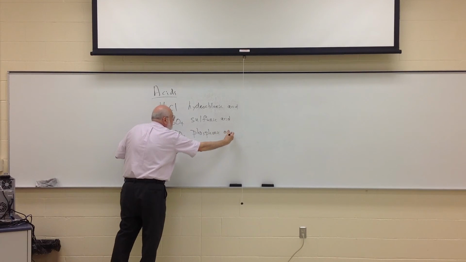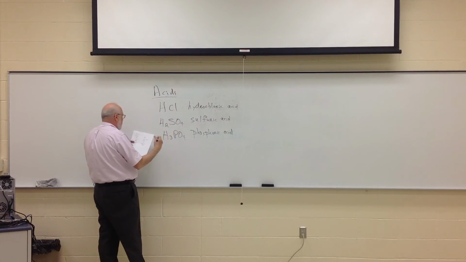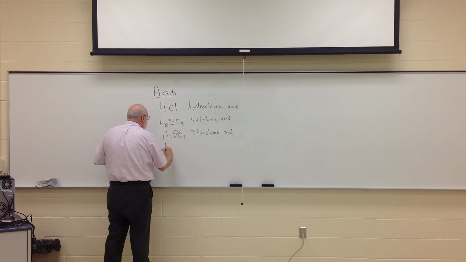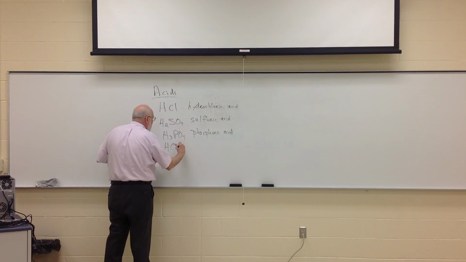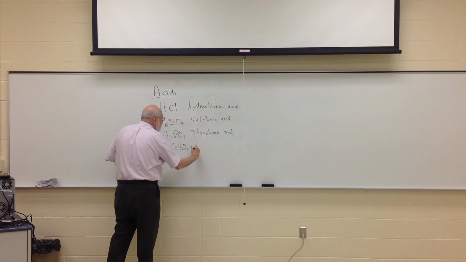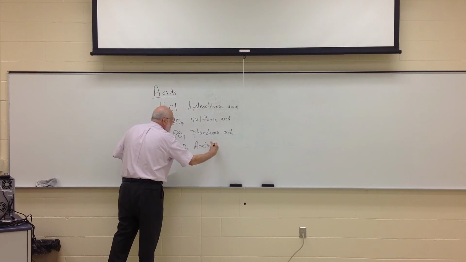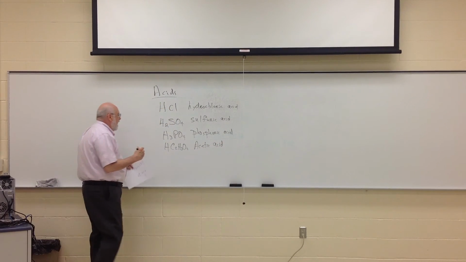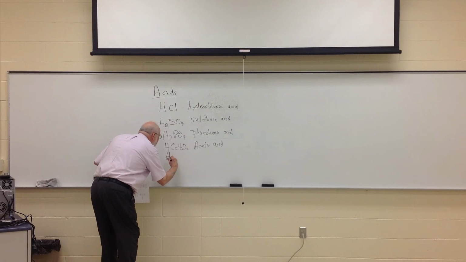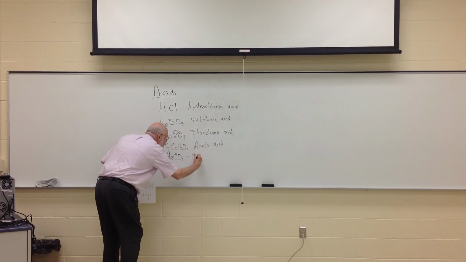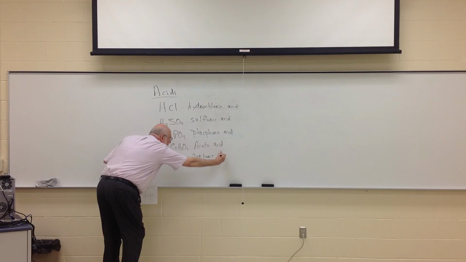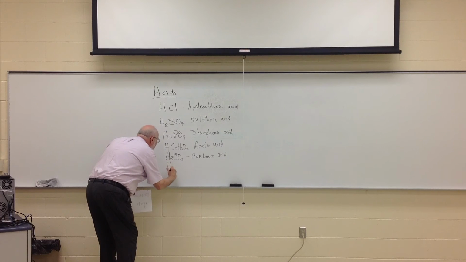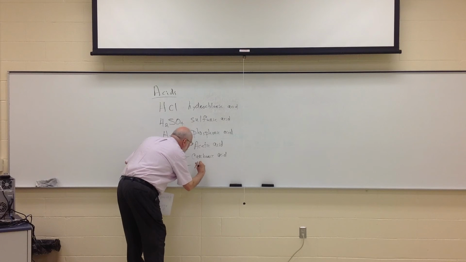And you probably can notice the naming conventions here. HC2H3O2 is acetic acid, and a weak solution of acetic acid is vinegar. And here's one we had up a while ago, H2CO3, that was carbonic acid. And then finally, HNO3 is another biggie that you see a lot, nitric acid.